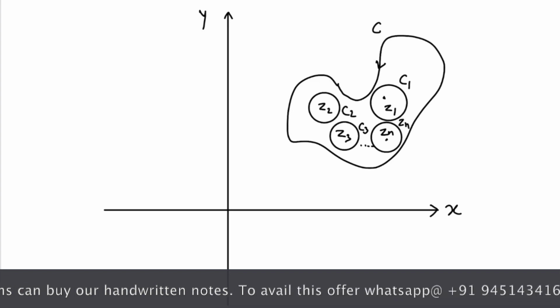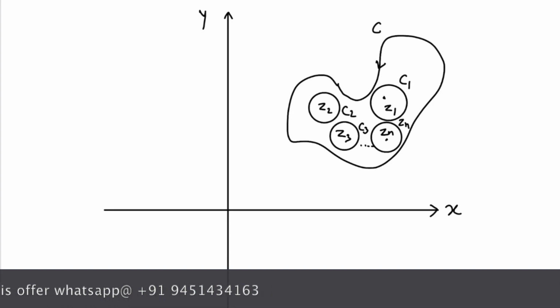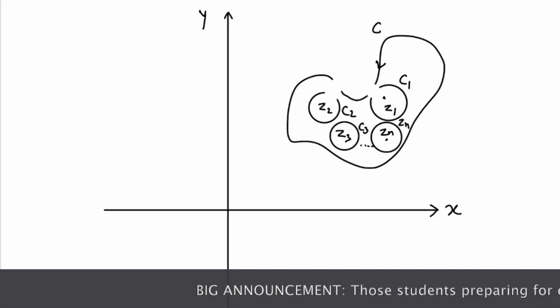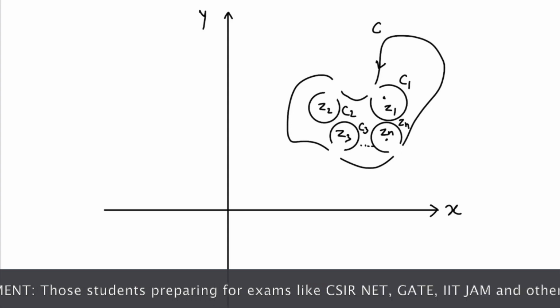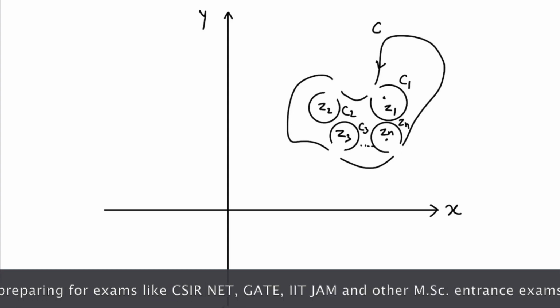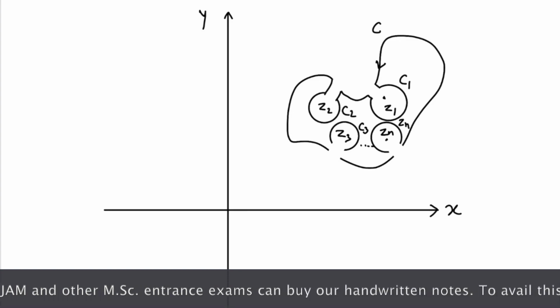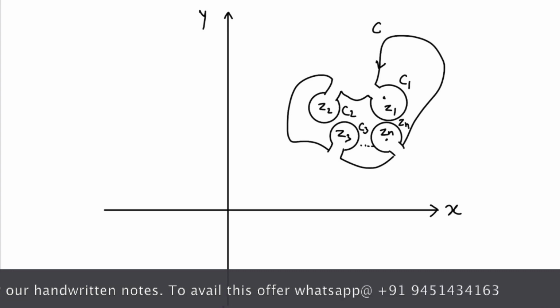Now what I am going to do here is make a cut and make this contour C a multiply connected contour. So I am going to make a cut here and here also, here and here, and I am going to make a connection.